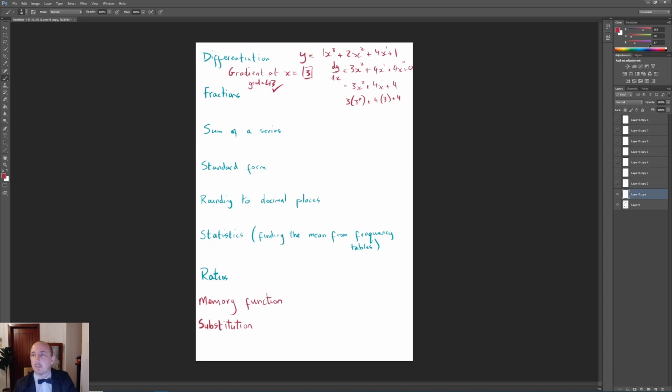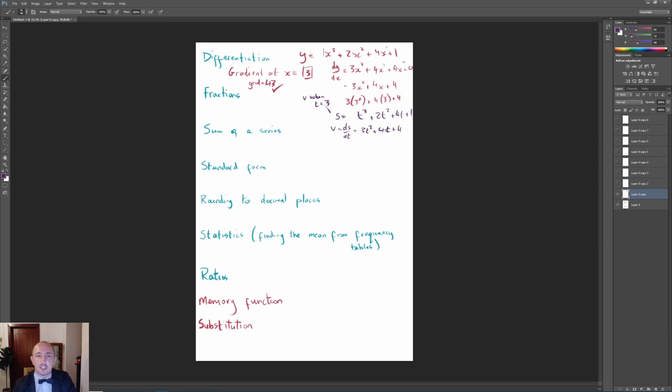Where else might this be used is when you have a function like displacement, and it's in terms of t. Let's just say it's t cubed, the exact same one, plus 2t squared plus 4t plus 1, and we differentiate that to get the velocity. So velocity is the differential of the displacement, so we're going to get 3t squared plus 4t plus 4, and it says what's the velocity when t equals 3.